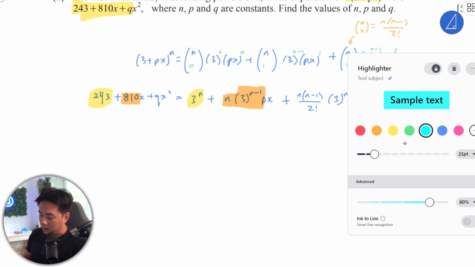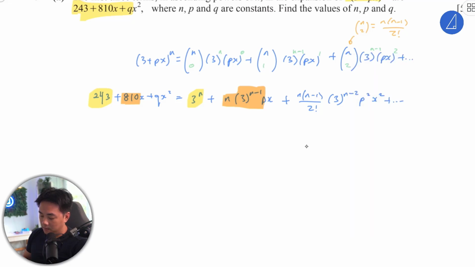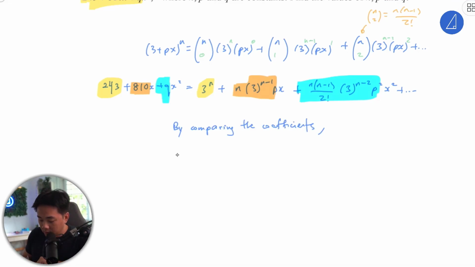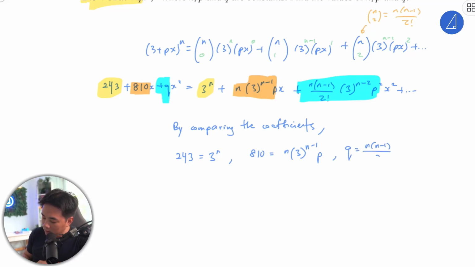And q is given by this entire thing here, which doesn't look welcoming at all. So by comparing coefficients, 243 equals 3^n, 810 equals n times 3^(n-1) times p, and q equals n(n minus 1) over 2 times 3^(n-2) p squared.